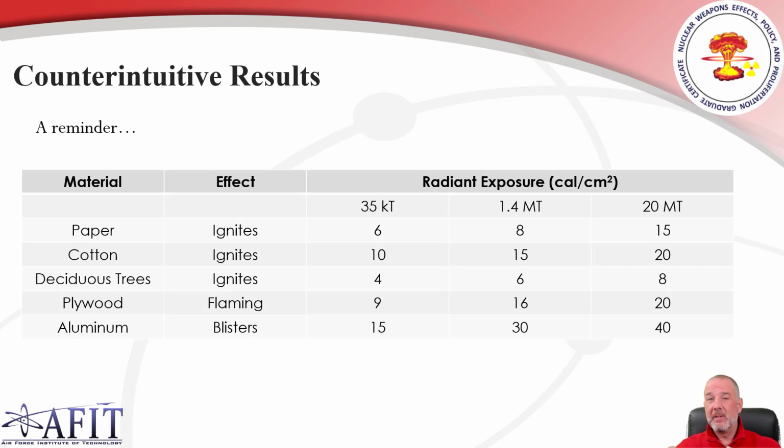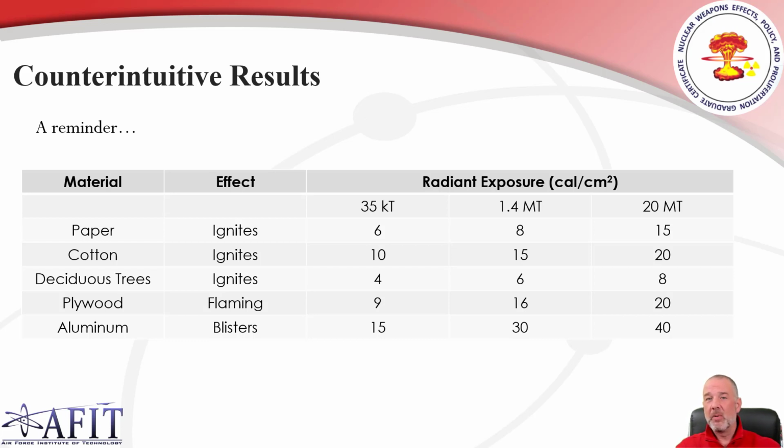The units they usually use are calories per centimeter squared, but again, it's just the energy of photons hitting per centimeter squared. And if you look at the smallest one here, 35 kilotons, paper will ignite at about 6 calories per centimeter squared from a 35 kiloton.